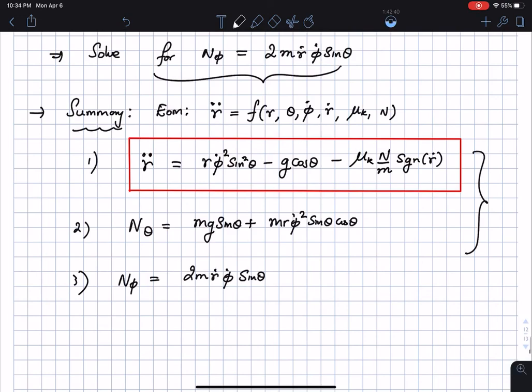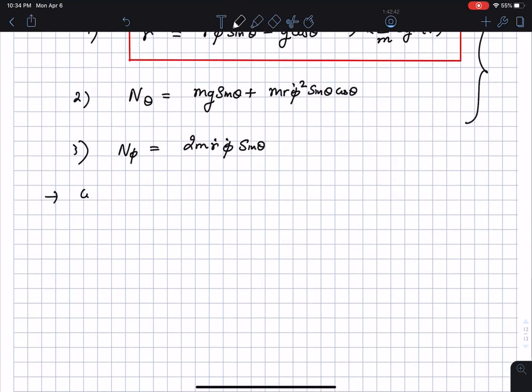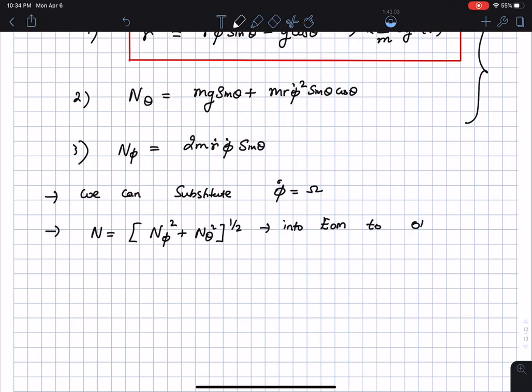And we can make a substitution: substitute phi dot equal to omega, and n equal to n phi square plus n theta square, whole to the power 1 by 2, into the equation of motion to obtain the complete solution.